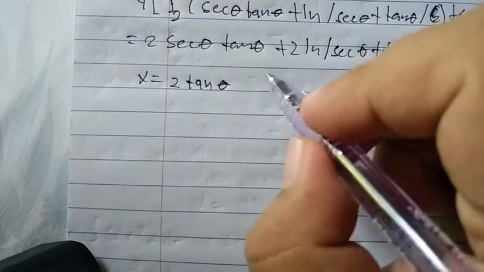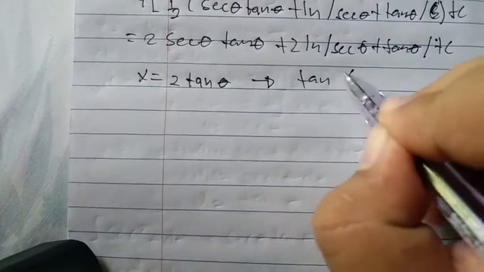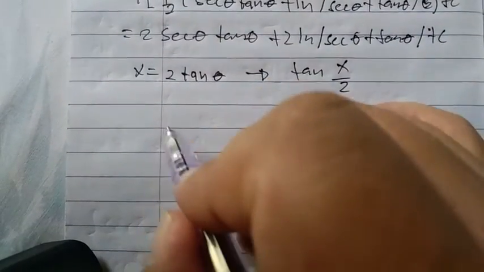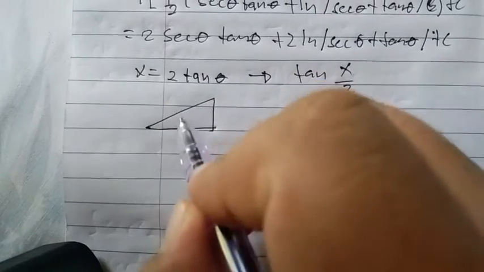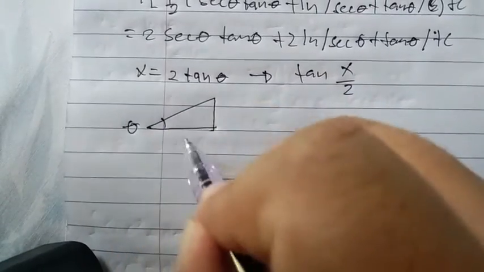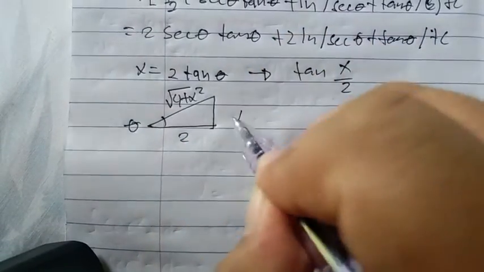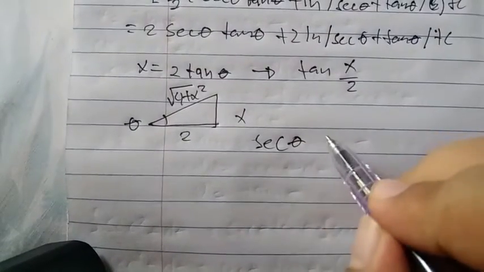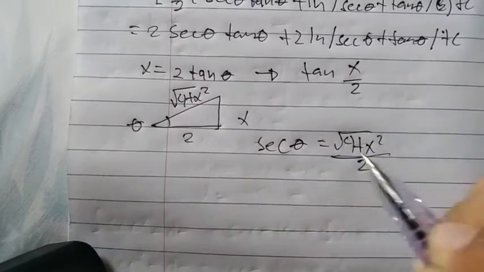Then we will convert it, this will be tan theta equals x over 2, and we get a triangle, by Pythagorean theorem. This will be our theta, 2, this part will be square root of 4 plus x squared, x, and sec theta equals square root of 4 plus x squared over 2.